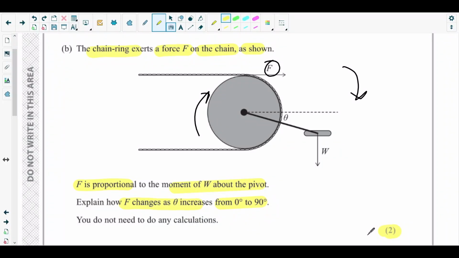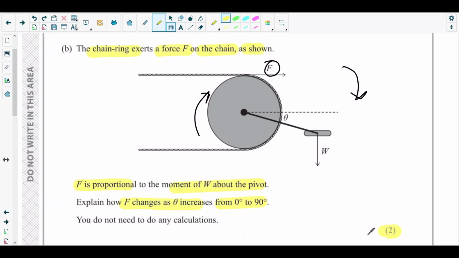So the force F, it is dependent on the moment of W. So since it is dependent on the moment of W, at first consider if theta increases from 0 degree to 90 degree, how the moment of W will change, right?